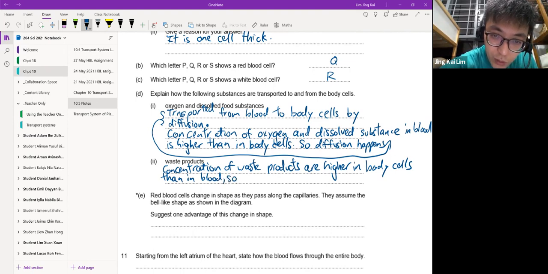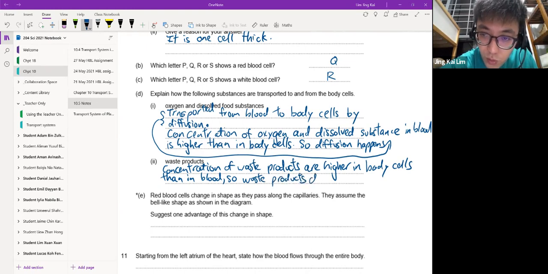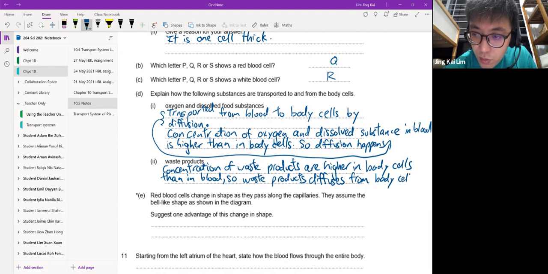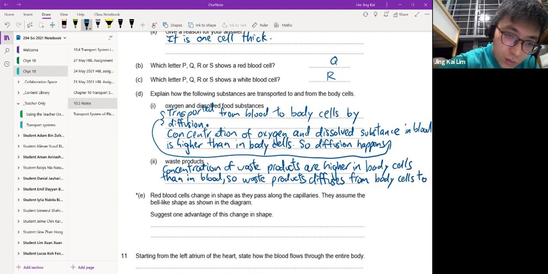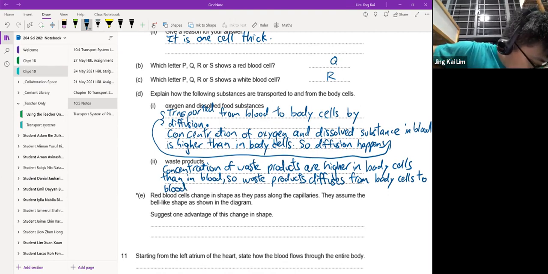So the waste products diffuse from body cells to blood. Okay, so there is this diffusion happening.